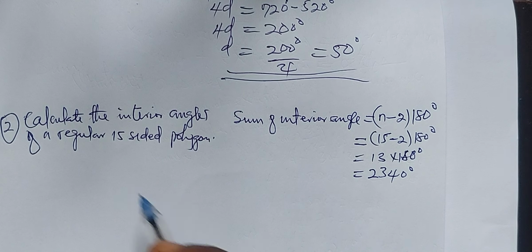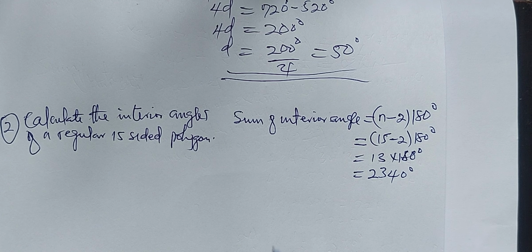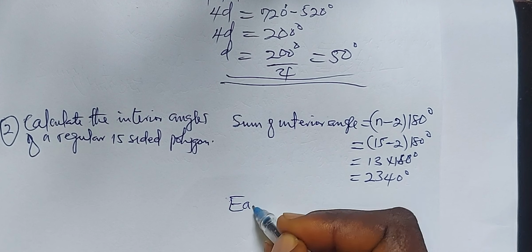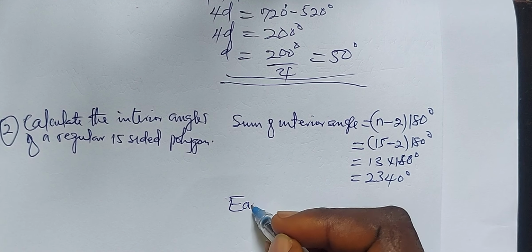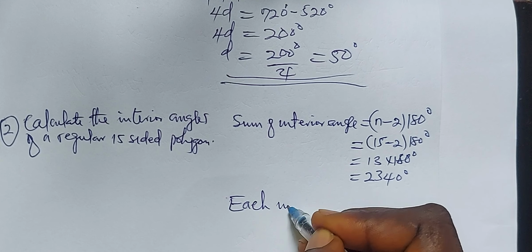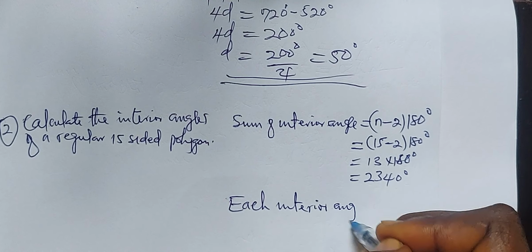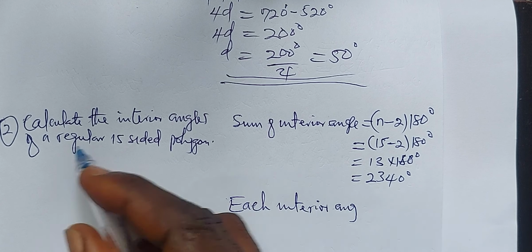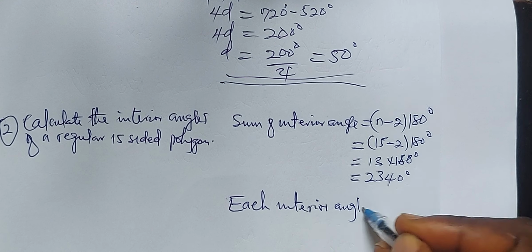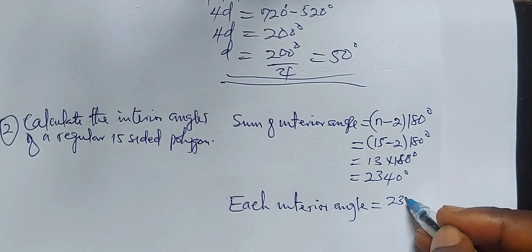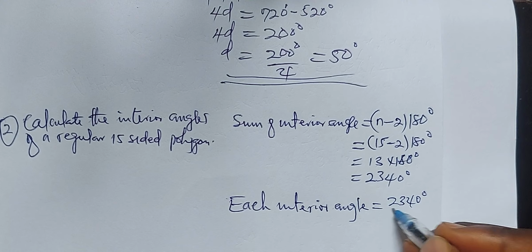So let's calculate each interior angle. Because it is a regular polygon, each interior angle is 2340 degrees divided by what?